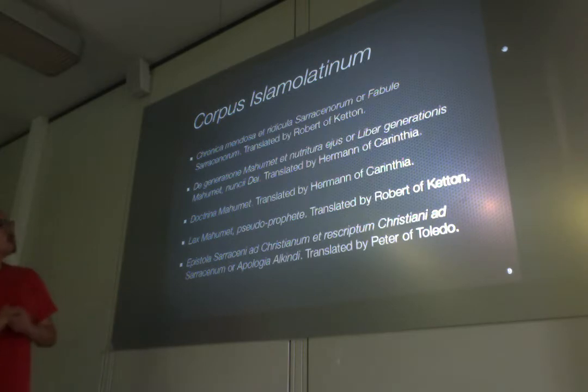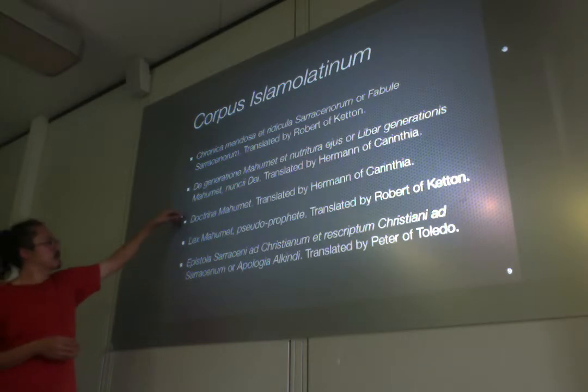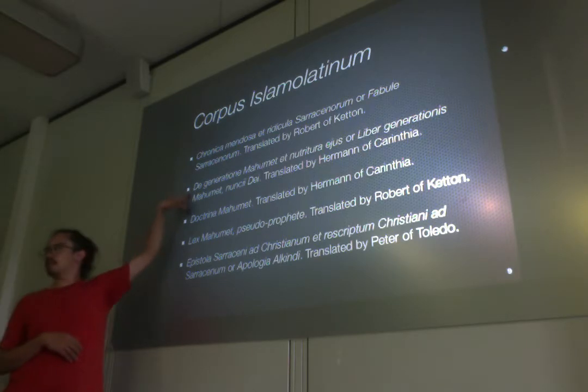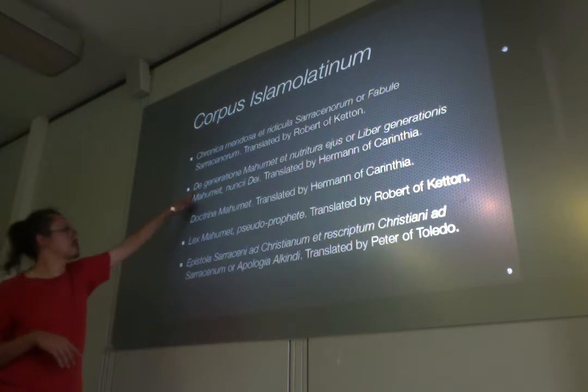Of course we know that the original of the Lex Mahomet is the Quran. We also have the original of the Epistola. The Doctrina, I think, has also been identified. The Generazione, we don't have the Arabic original, but we do have an aljamiado version of this work, like a later recension.